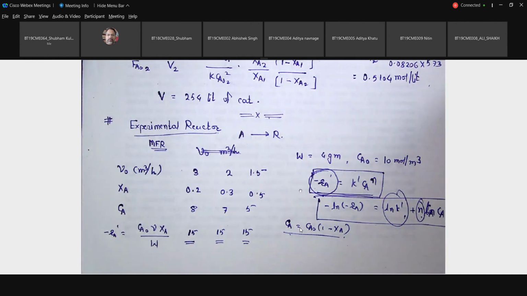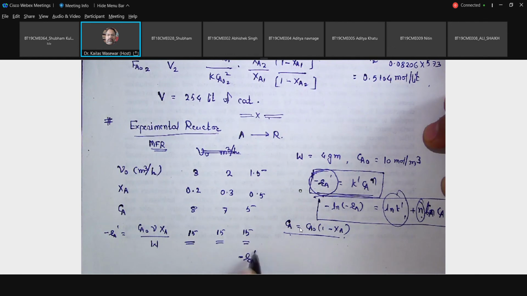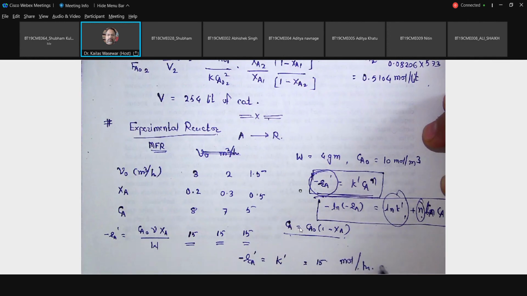Zero order. Very good. So the order of the reaction will be zero order. So Ra is equal to K, and that is equal to 50. And units will be moles per hour per gram of the catalyst.